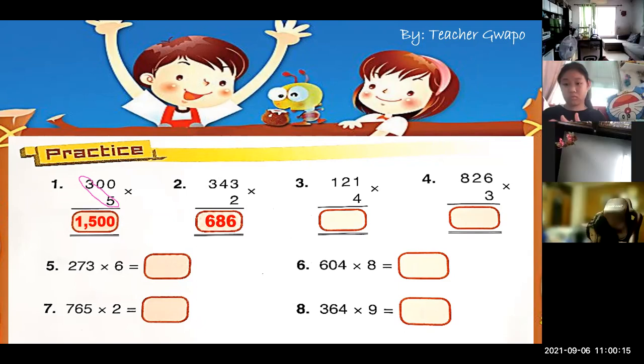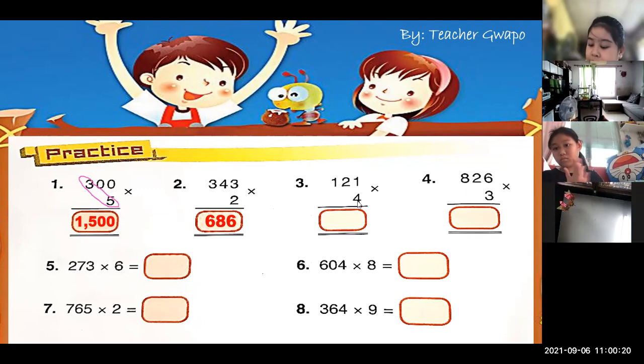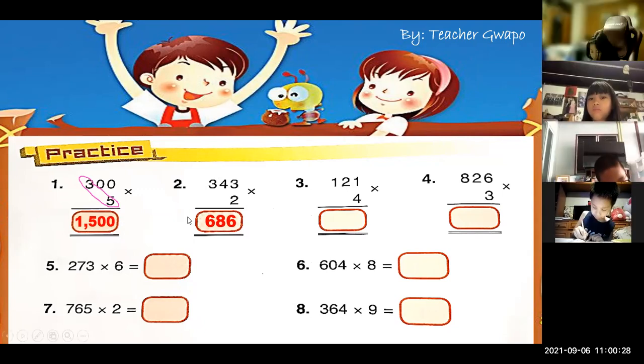Okay, number 3. Who wants to answer number 3? It's very easy. 1 times 4, 2 times 4, 1 times 4. Who can answer? Raise your hand. Okay, number 25 from 3/4. What is your answer in number 3? Can you tell us your answer?